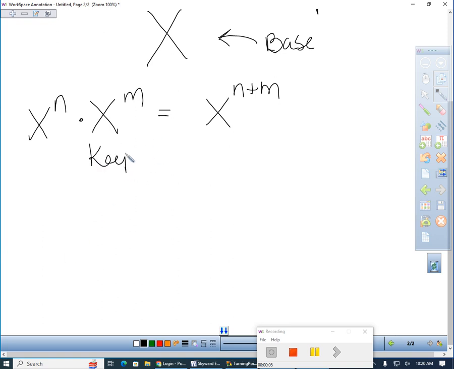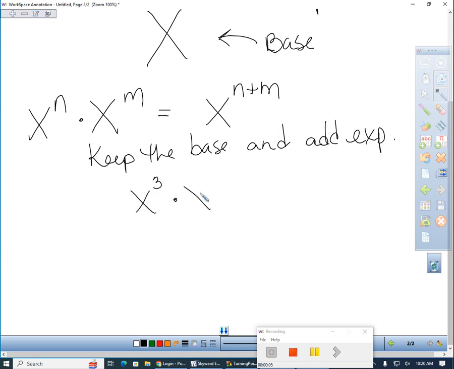So keep the base and add exponents. All right, so for example, if I had x to the third times x to the fourth, I would have x to the 3 plus 4, or x to the 7th.